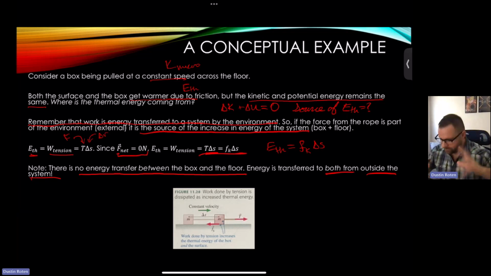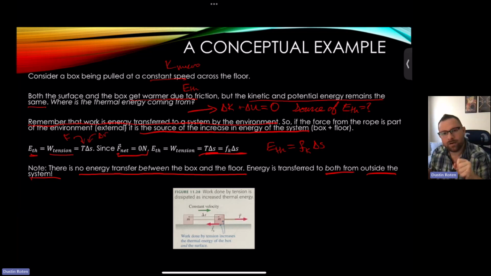Okay, so here I do want to point out things to think about. This is an interesting thing here that people might think, oh, well, you know, the box is moving, so therefore the thermal energy is actually coming from the kinetic energy. No. Well, maybe there's stored energy somewhere. No, not at the macroscopic level. So it's really interesting to think about.